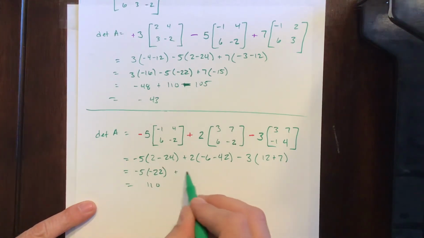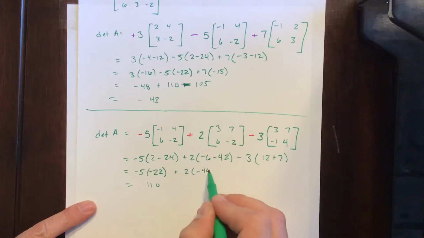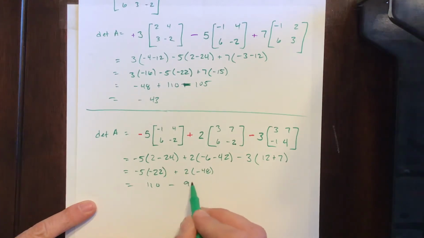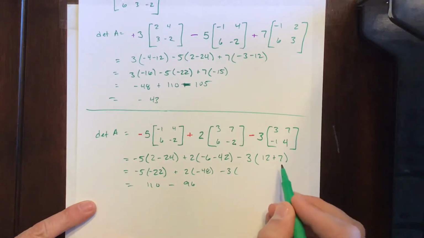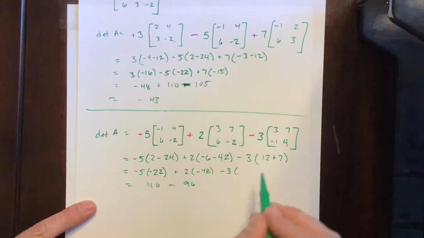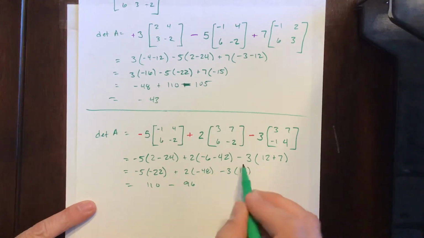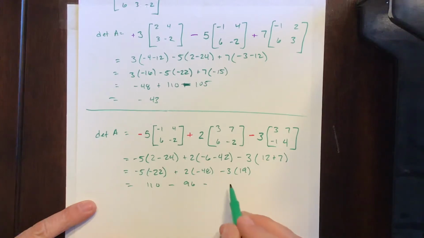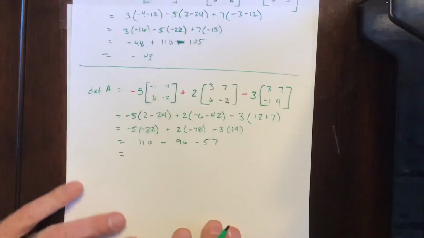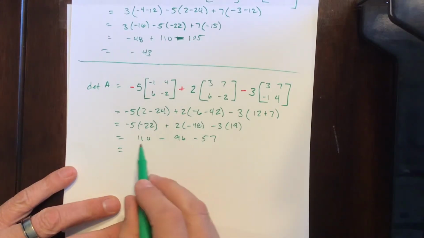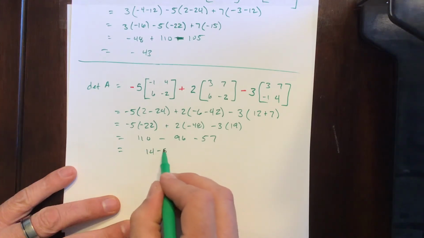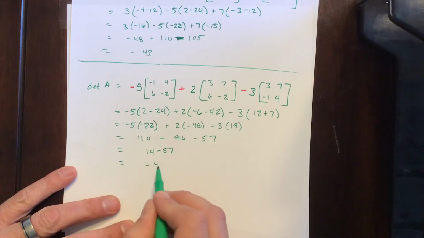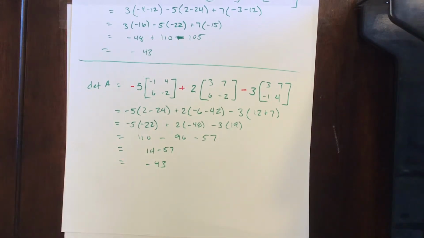We have 2 times negative 48, that's minus 96. And we have minus 3 times 12 plus 7, that's 19, so that's negative 57. So 4 and 10, that's 14, minus 57. I'm going to assert that that's negative 43.